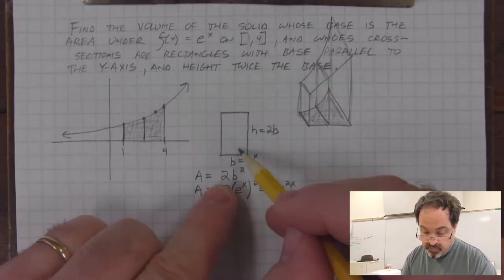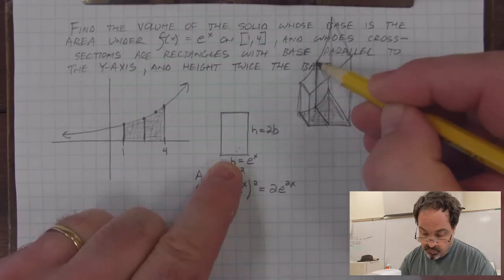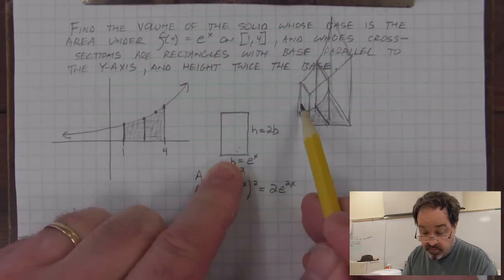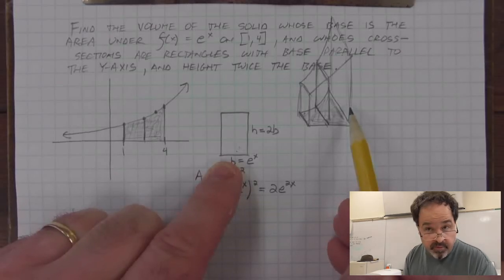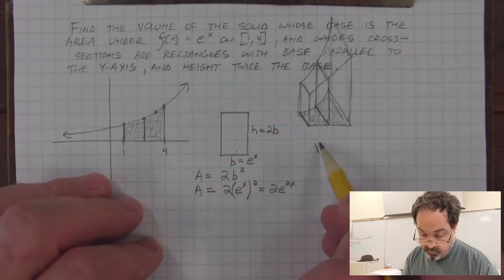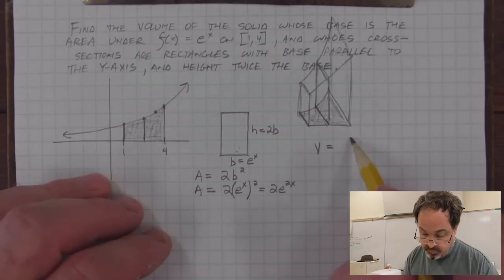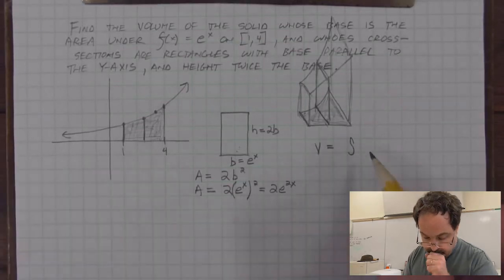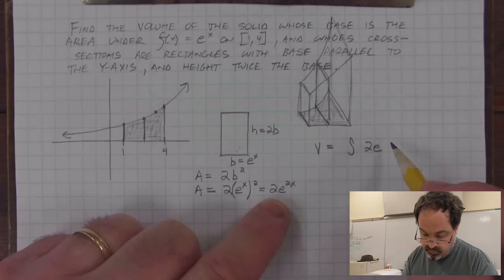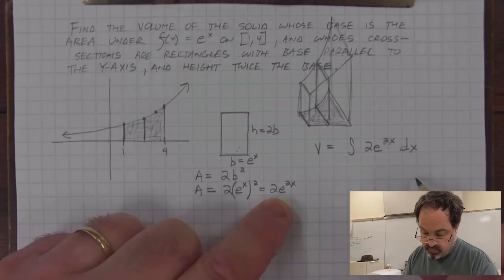Okay, this representative slice represents any rectangle, and if we're going to create the solid, we need to sum up an infinite number of infinitely thin rectangles with an integral. So the volume of this solid is going to be the sum, or the integral, of all the rectangles that get created with the area formula for these rectangles, 2e to the 2x, with respect to x.